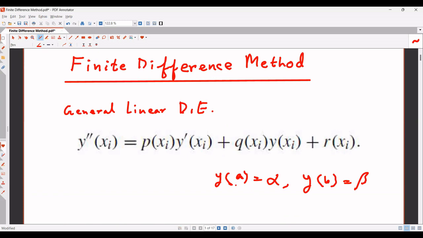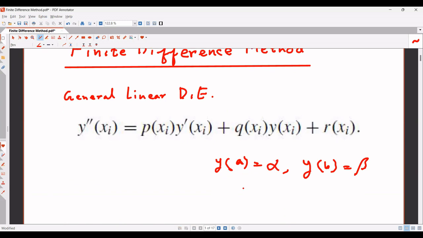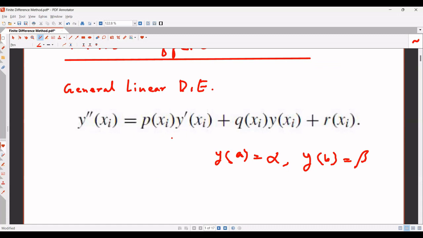So the boundary points are x equals a and x equals b. We have a coefficient for y prime and a coefficient for y, and the original equation looks like this: y double prime equals p of x y prime plus q of x y plus r of x.